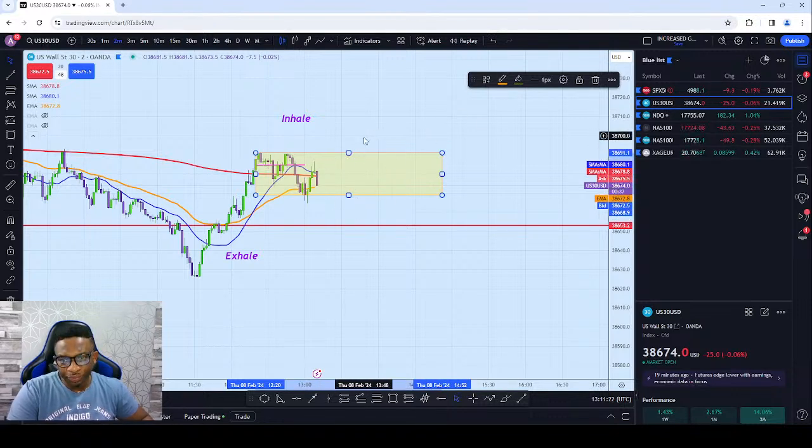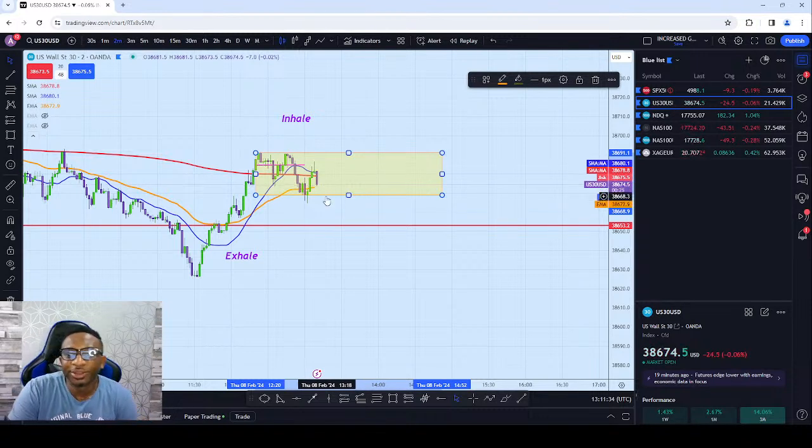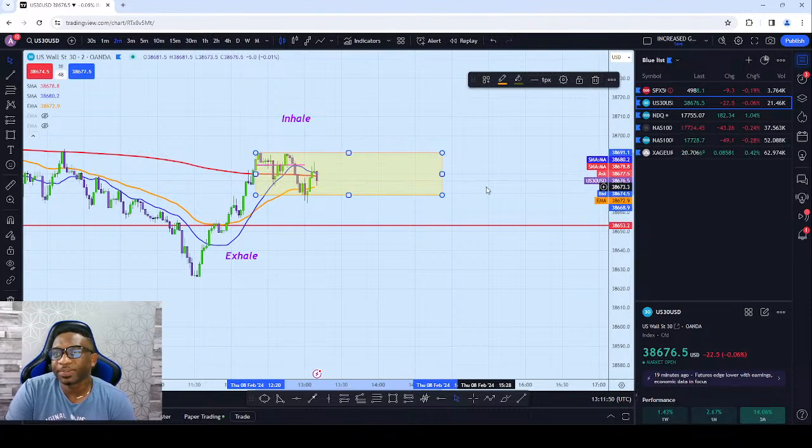Once it's ready to move, we look out for an opportunity to ride with it. But as it is now in a trading range, if you're not using the right strategy to tackle it, it's better you stay away from it until it pops out of the range and there's a clear trend, whether upward or downward, then we'll play it.